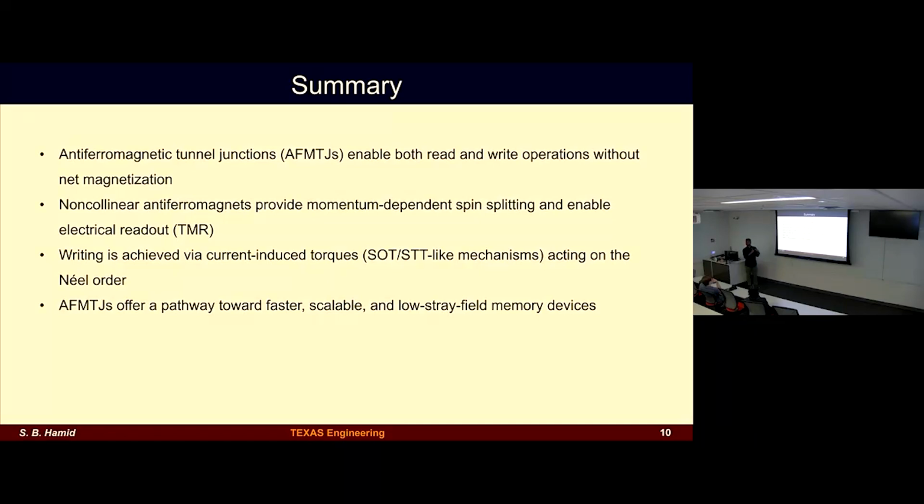That part of the discussion is pretty much established now. So in future, I guess most of the research will focus on how to make these devices faster, now that their reading and writing is pretty much established. The whole point of using these devices initially was to replace conventional ferromagnets with faster devices. So that is where future research might go.